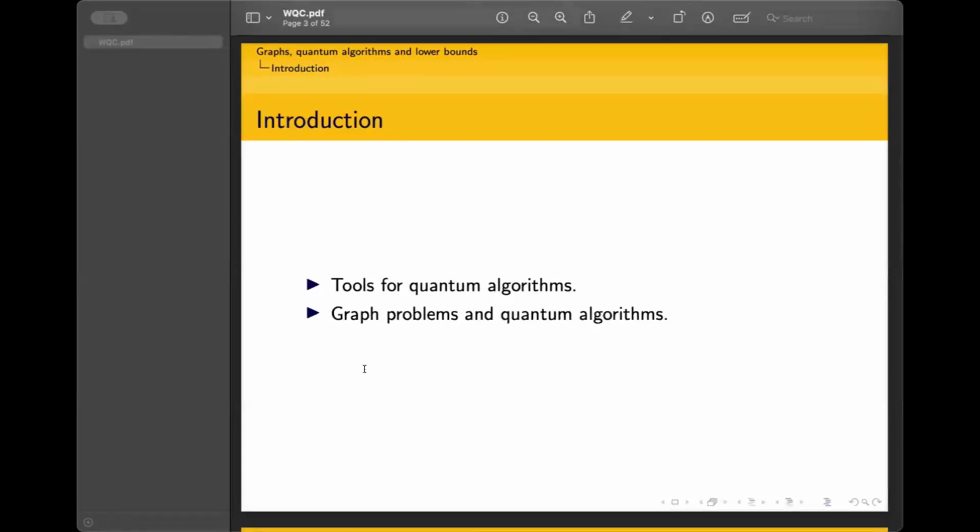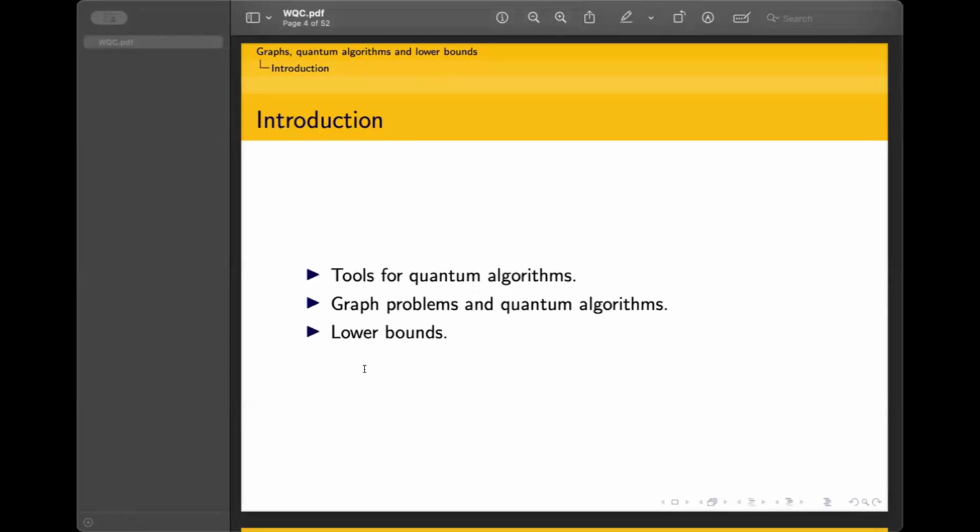Then we'll mention a couple of graph problems which are not very difficult, since they are from the complexity class P, but still present an opportunity for quantum algorithms to show some advantage over classical algorithms. And we'll conclude with a short discussion of quantum lower bounds, which will be the most advanced part of this talk. Not that it will be very difficult, but conceptually, I think this might be the most difficult part.